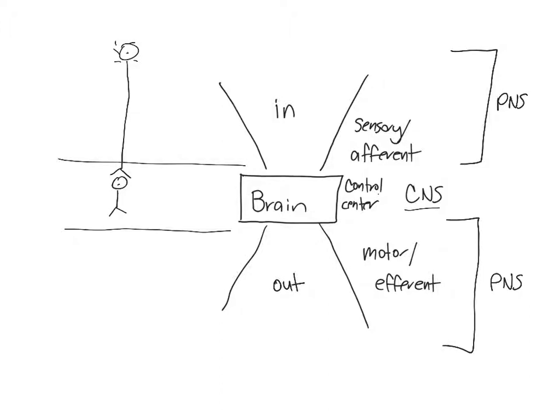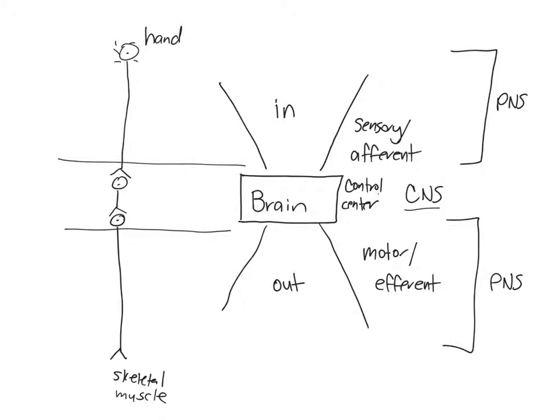Leaving the central nervous system would be my motor or efferent neurons, and they would continue down. So in this example, my afferent neurons might have dendrites in, say, my hand, and my efferent neurons would synapse on my skeletal muscle of my arm as I moved my hand away from the stove.